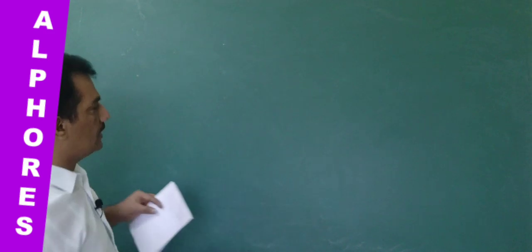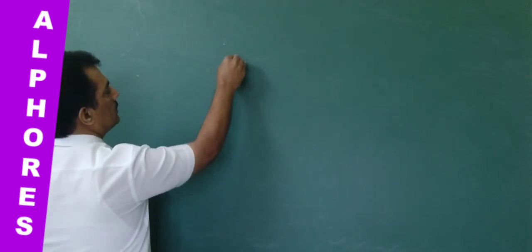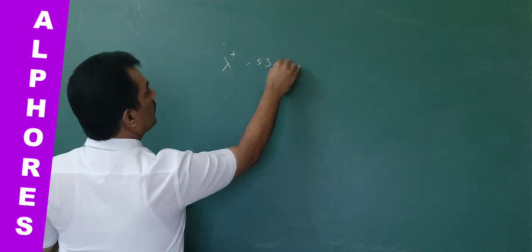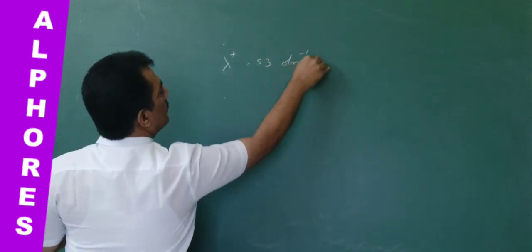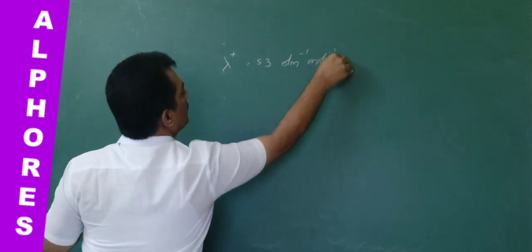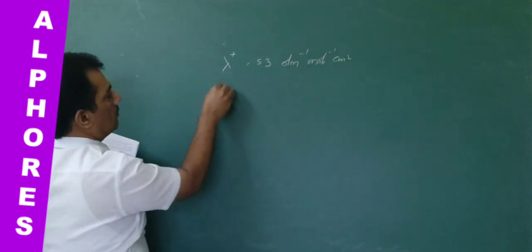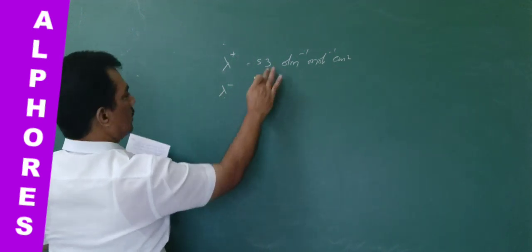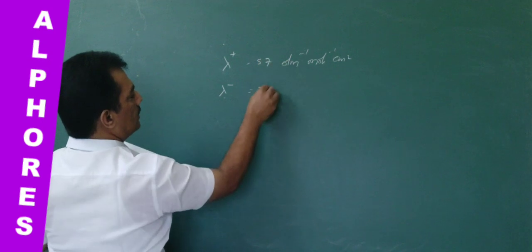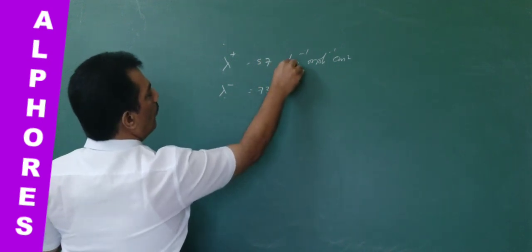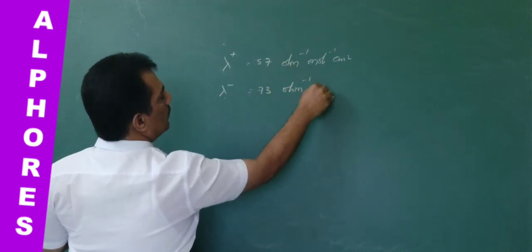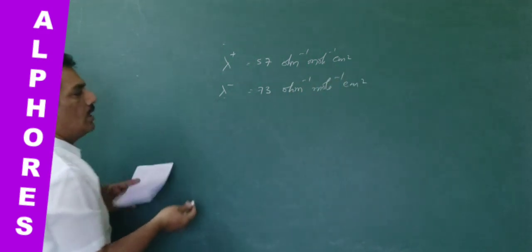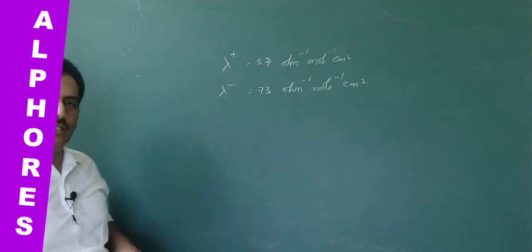For the cation it is 57 ohm inverse mole inverse centimeter square, and for the anion it is 73 ohm inverse mole inverse centimeter square. Now they are asking for the molar conductance of the electrolyte.